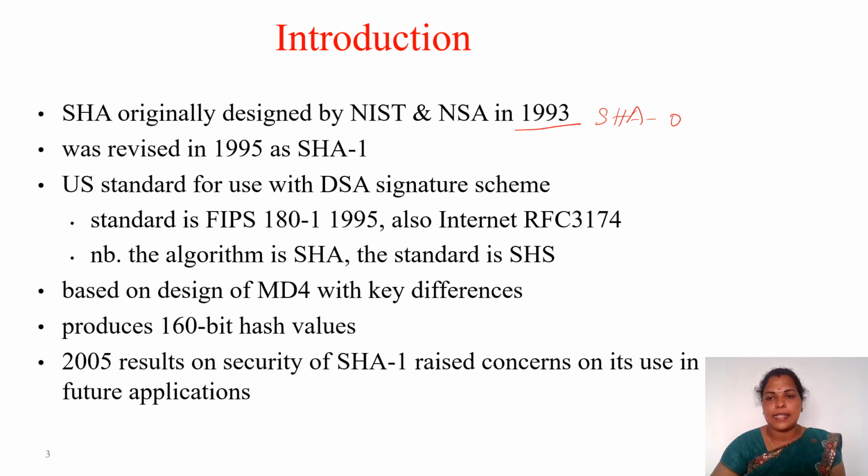Then SHA-0, the basic SHA, was revised in 1995 and named SHA-1. Then, as the US standard for use with the DSA signature scheme, SHA-1 was used with the Digital Signature Algorithm signature scheme, and this was given in the standard FIPS 180-1 in 1995.